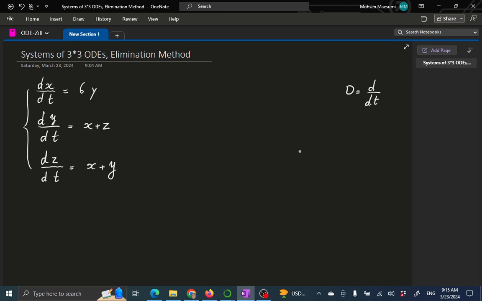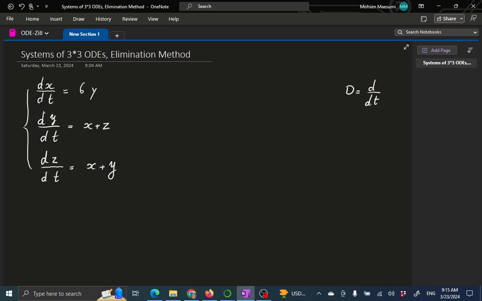Here we have dx/dt equal to 6y, dy/dt equal to x plus z, dz/dt equal to x plus y. So we have three dependent variables, x, y, z, and one independent variable, t, which typically refers to time. We want to find x, y, and z as functions of t.